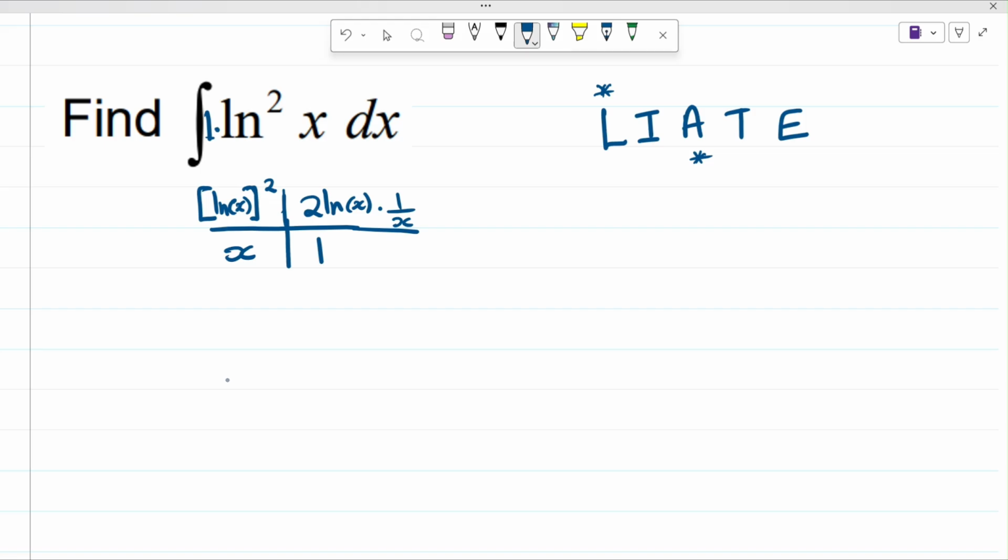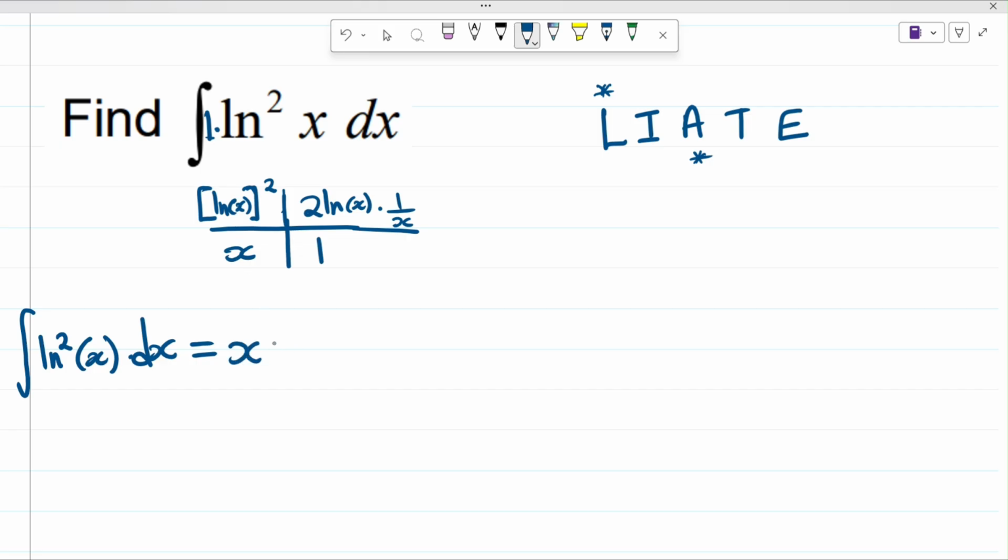So now that we have those parts, what else do we need? We now need to write our integral, to answer our question. We copy the very same thing. So it's going to be the integral of ln squared of x dx, which is equivalent to the second quadrant multiplied by the third.